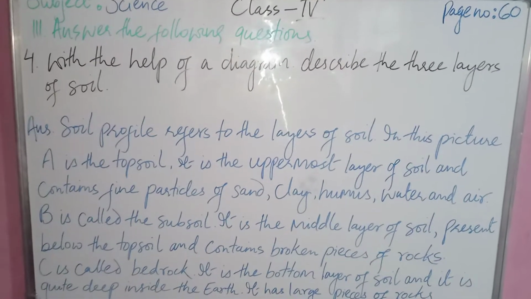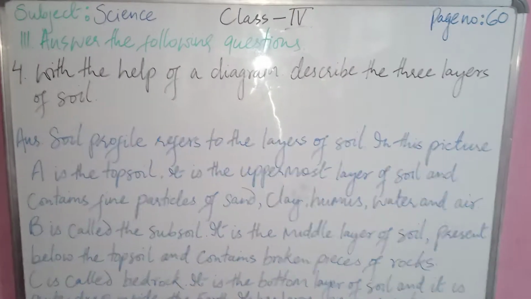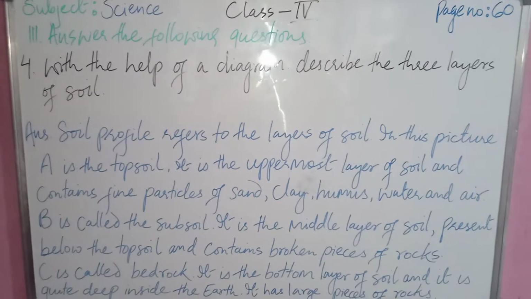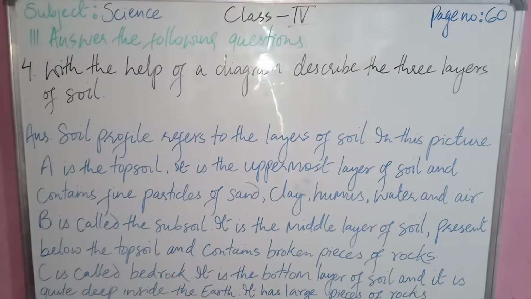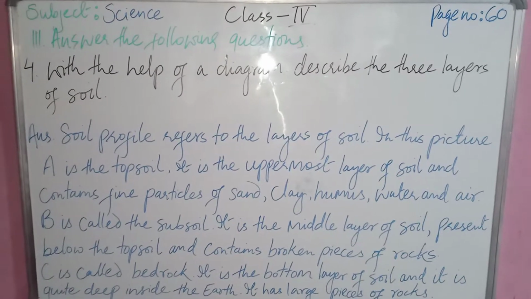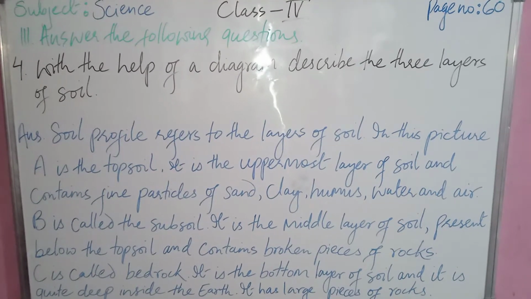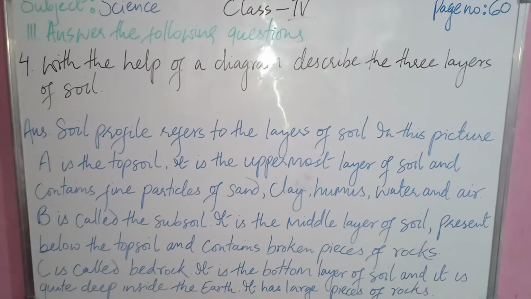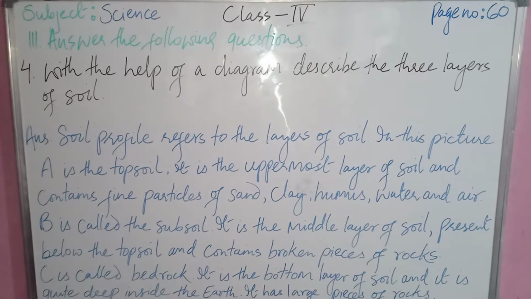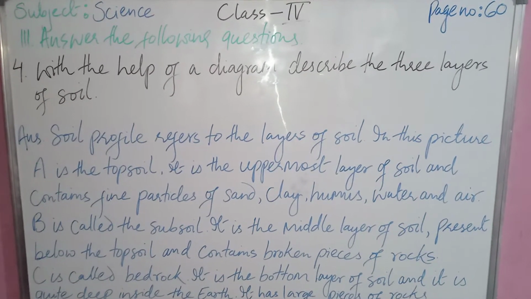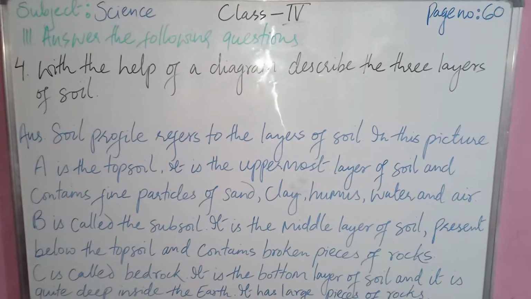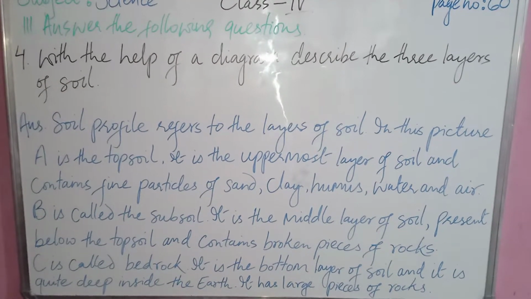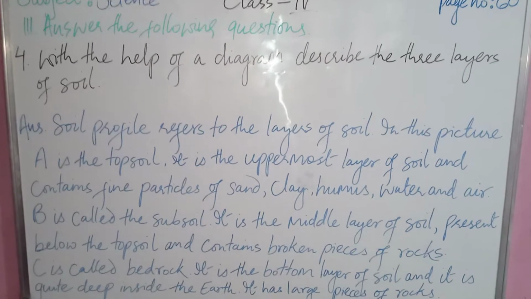So the soil profile refers to the layers of soil. In this picture, A is the topsoil. It is the uppermost layer of the soil and contains fine particles of sand, clay, humus, water, and air. Full stop. B is called the subsoil.